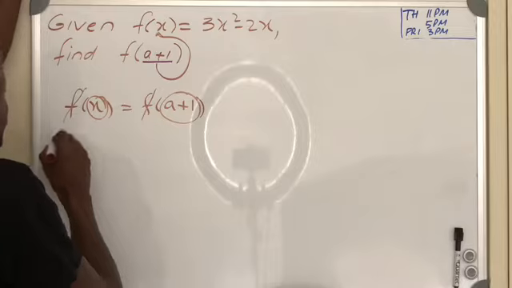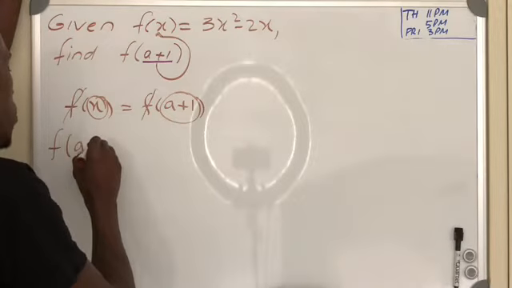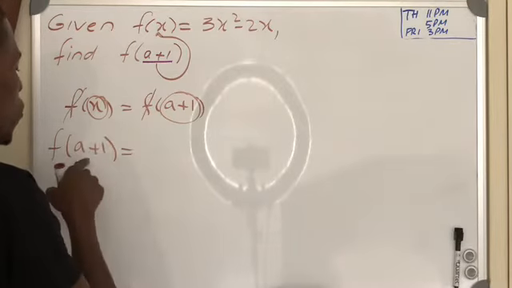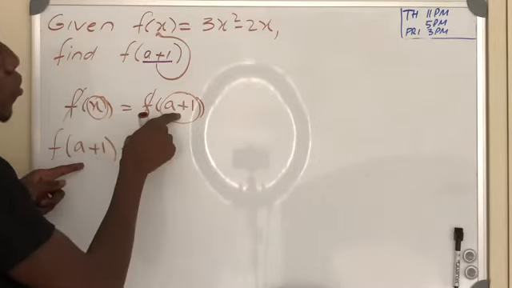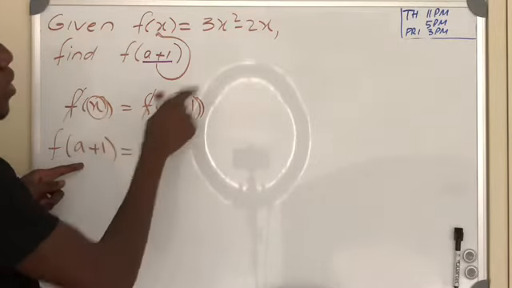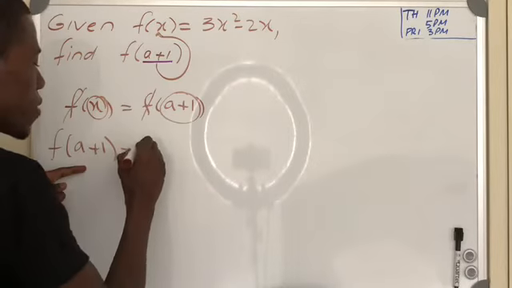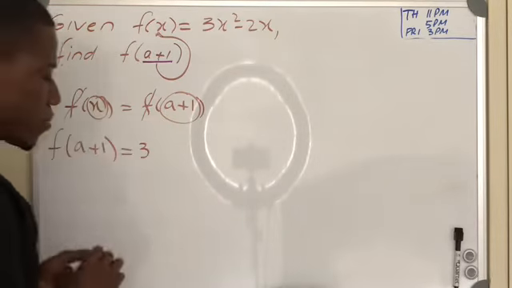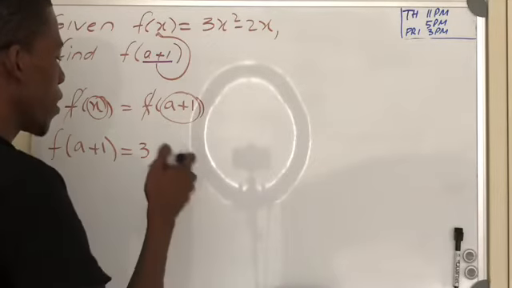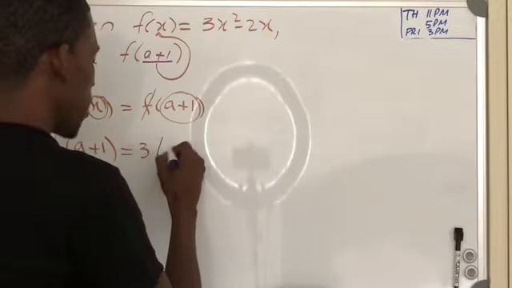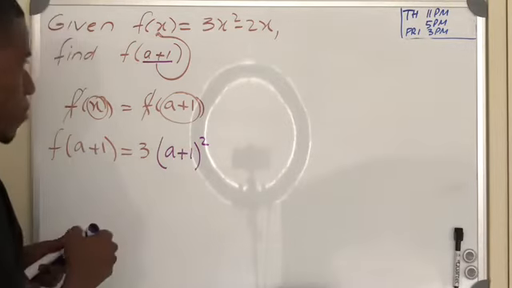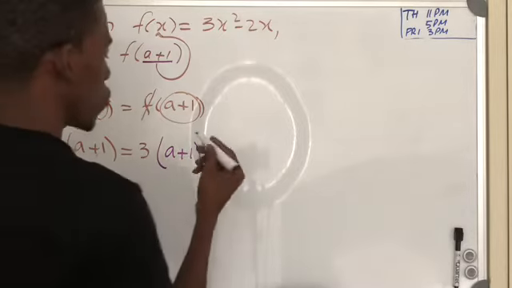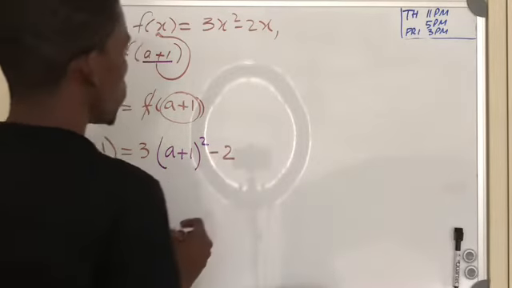That's basically telling me that f of a plus 1 is equal to, everywhere I have x, I'm replacing it by a plus 1 in my function. So I have 3x squared here. The 3 stays the same, all the numbers stay the same. I replace this x squared by a plus 1 squared, minus 2 times x.